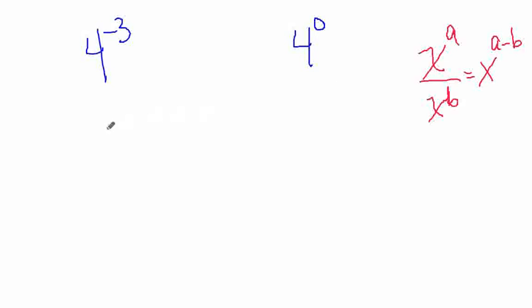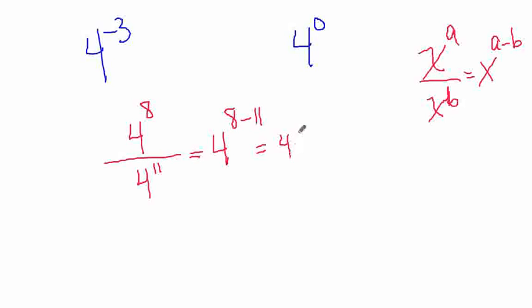Now, let me write, suppose that I had 4 to the 8 divided by 4 to the 11. Now, the exponent rule says that that would equal 4 to the 8 minus 11, or 4 to the minus 3. So apparently a negative exponent it would make sense to define it in such a way that it's equal to this original fraction. Okay?